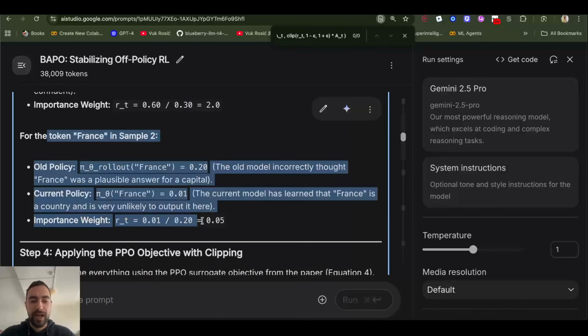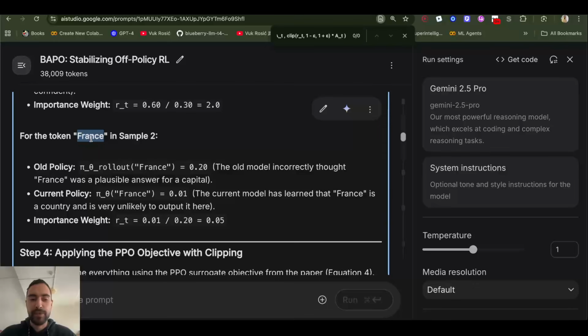But this was the wrong answer. It said that the capital of Germany is France. So we would expect that with the training the probability of this token France would fall because it's wrong. And that's exactly what's happening here. First, the probability was 20%. And maybe it got unlucky, so it picked this word.